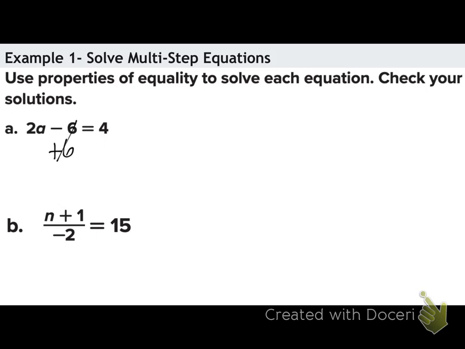What's my goal? Isolate the variable. Get the variable by itself on one side of the equation. So I've got to move numbers away from the variable. So I'm starting with this 6. Whatever I do to one side, got to do to the other. So I got to add 6 to 4 over here as well on the right side of the equation. We okay with that first step?